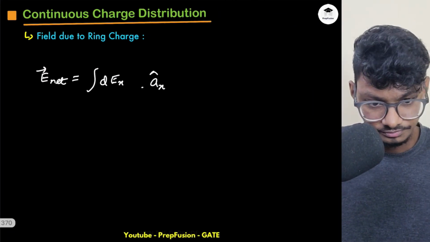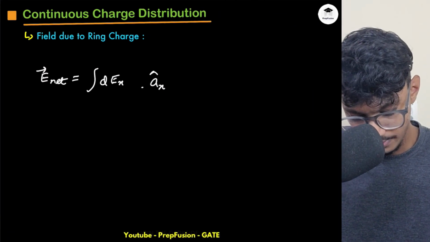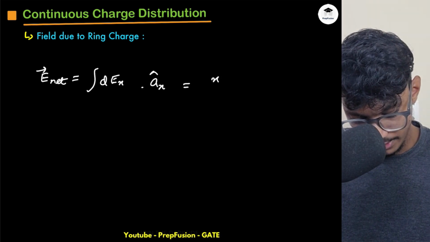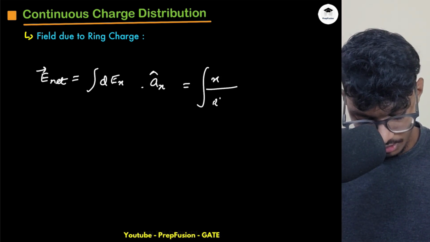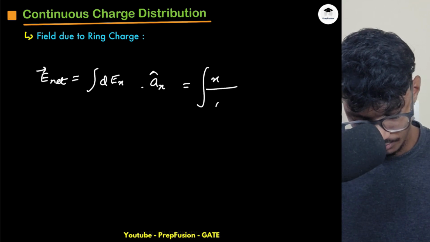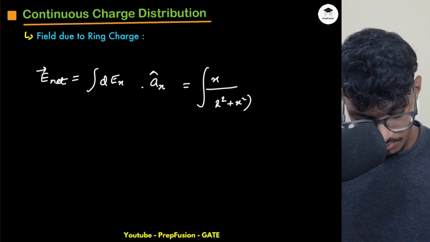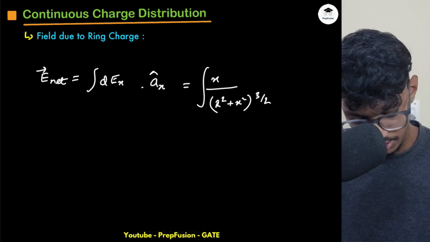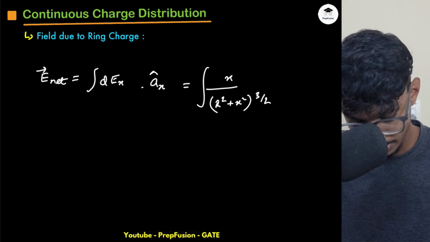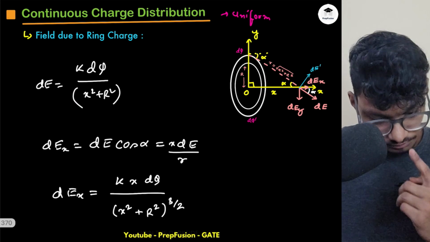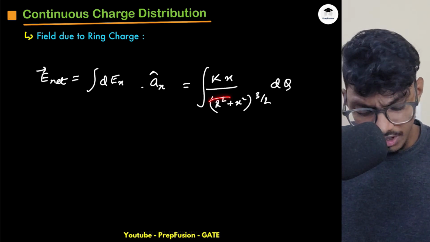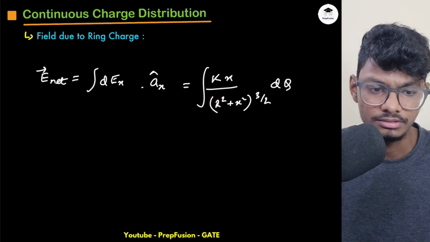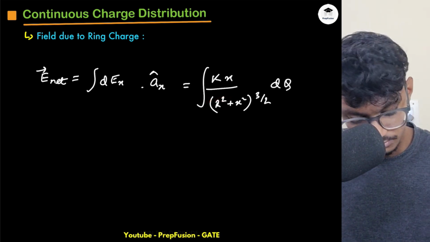So this will be simply equals to integration of k x divided by capital R square plus x square to the power 3 by 2, into dq. Can you tell me what is the variable? Is x the variable? X is not variable, right? X is constant.